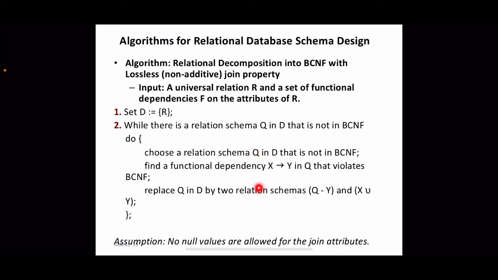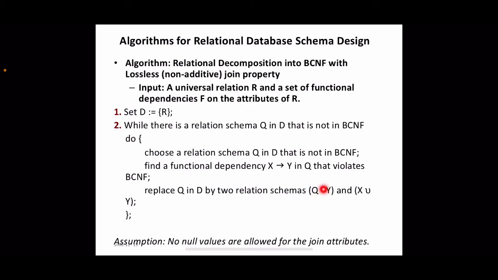How we decompose is that we find a functional dependency X determines Y in Q that violates BCNF. Within Q there will be functional dependencies, and among those we have to find a dependency that violates BCNF, say X determines Y. We decompose Q into two based on this dependency: replace Q in D by two relation schemas.